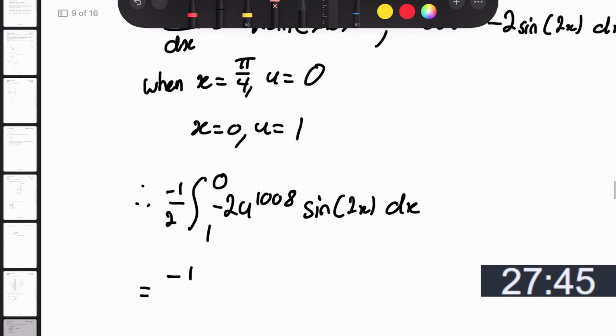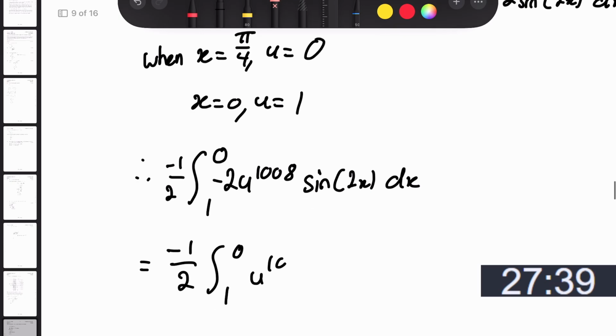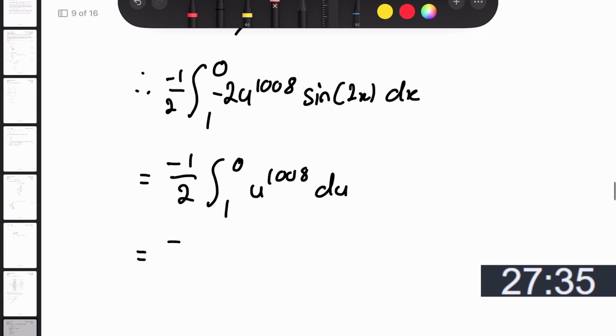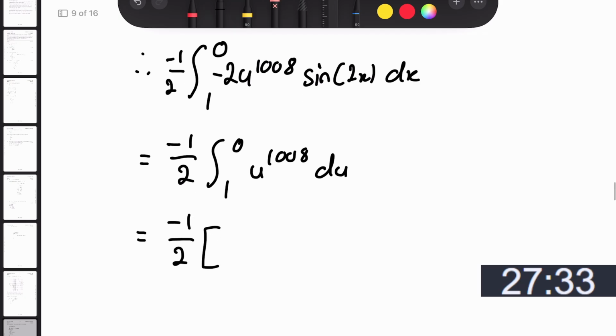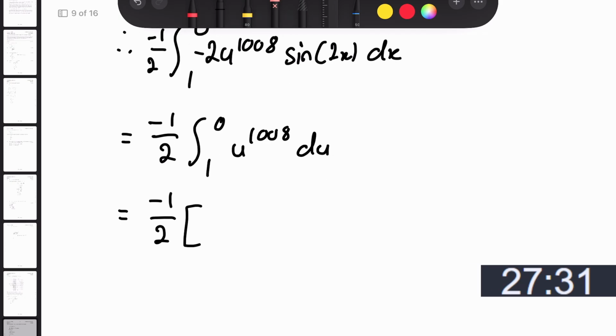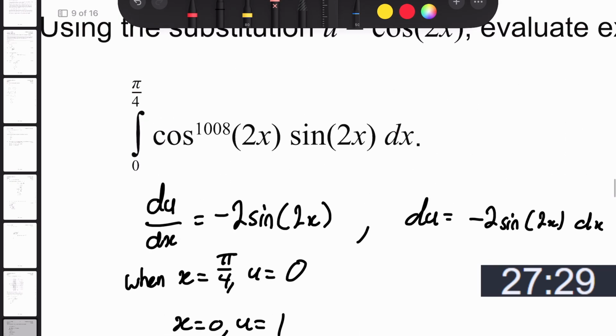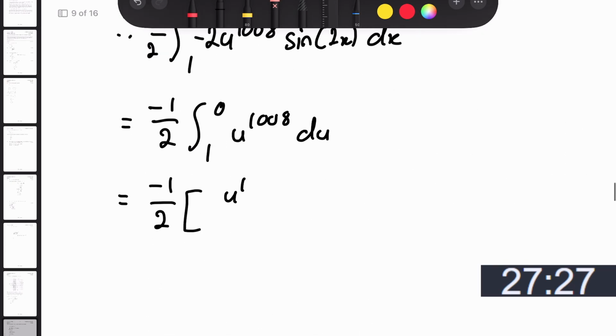So it's going to be negative 1 on 2 of the integral from 0 to 1 of u to the 1008 du. So we're going to raise the power by 1. So u to the 1009 over 1009, from 0 to 1.